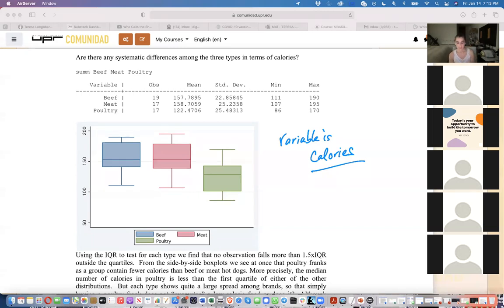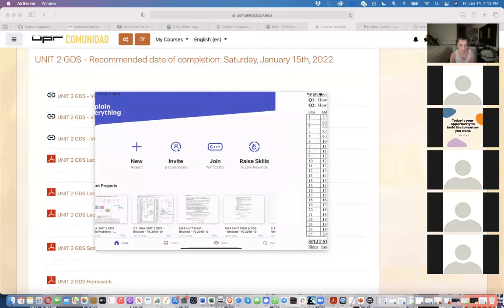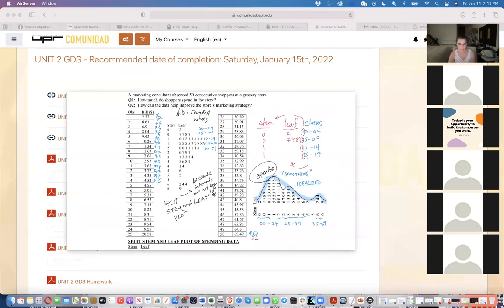So let's go back now. Those are the 4 data sets that you're going to study and review in this document. I want to go back now and look at the statistics for the first one. So I'm going to go here and we're going to talk now. We have a graph.